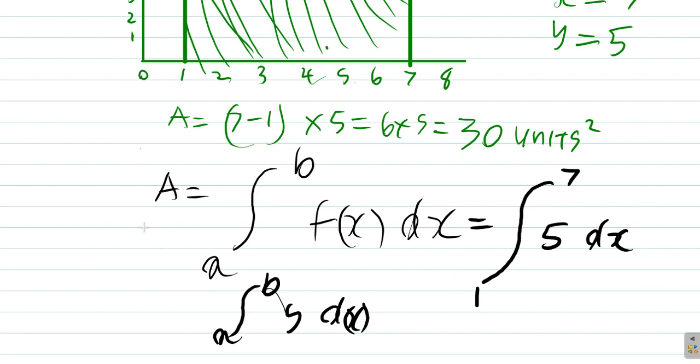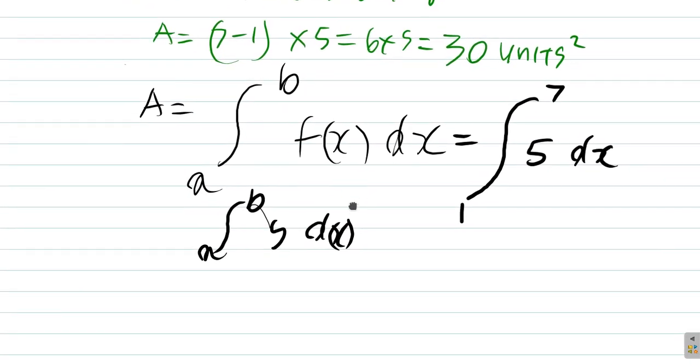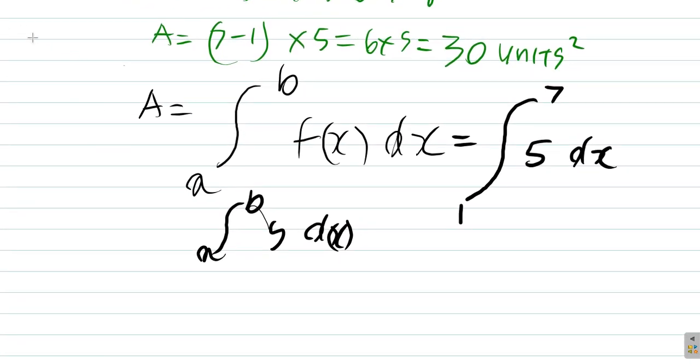Here, what we'll do is say, when you integrate 5, you get 5x. Because remember, 5 is the same as 5 times x to the 0.